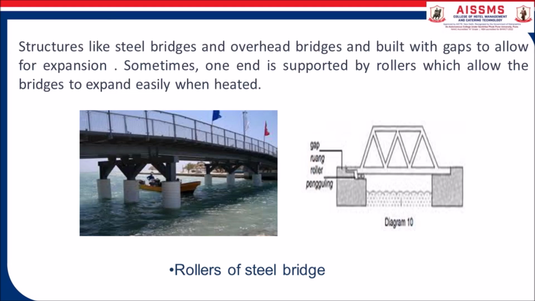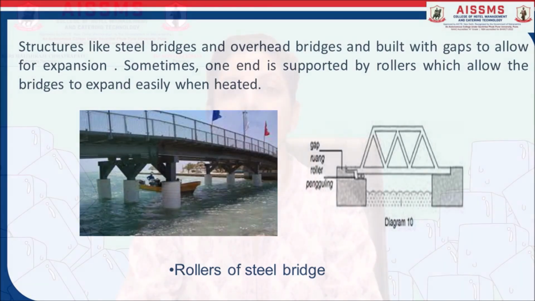And as we have seen in multiple earlier examples, when a metal is heated, it expands. So sometimes one end is supported by rollers which allow the bridges to expand easily when heated. Ideally they are not heated, but since they are affected by external environmental changes, in case of very hot days, there has to be a scope for the expansion of these metals.